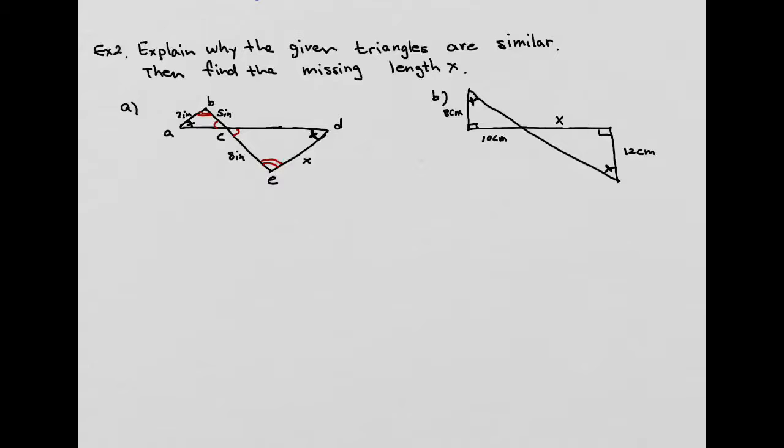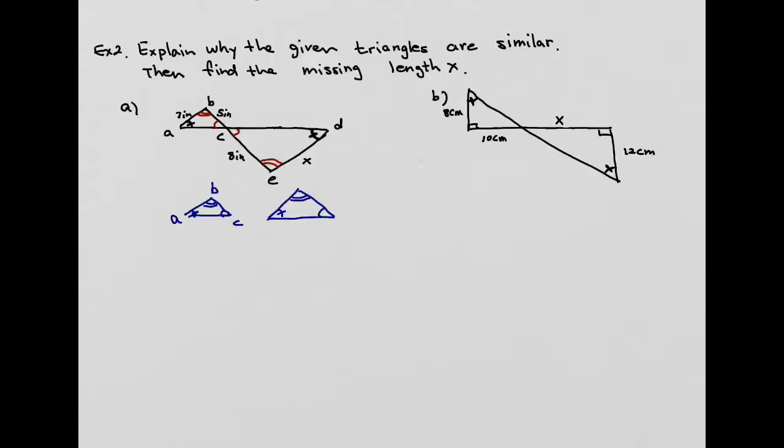So I'm going to draw the triangles so that I can compare the sides. I have the smaller triangle look like that with B, A, C. With the larger triangle, I want to draw the same angles in the same locations, so I know which side has to be proportional to which other side.